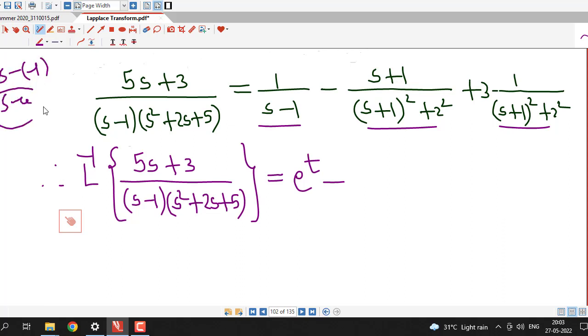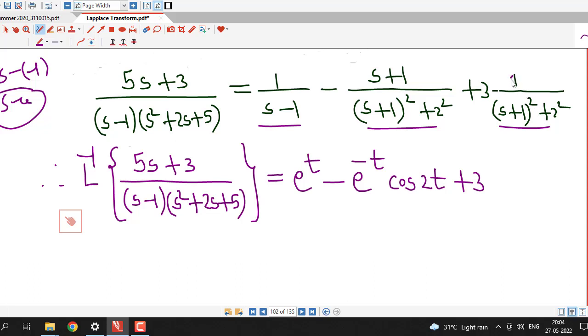So if we compare with s minus a, we have a equal to minus 1. Therefore we write e raised to at, a is minus 1, so e raised to minus t. And this is s over s square plus 2 square, so for that we write cos 2t, plus 3 times L inverse of this.